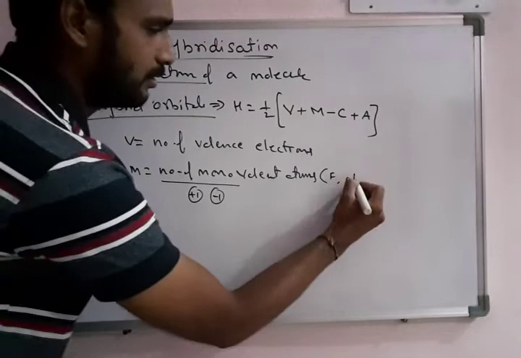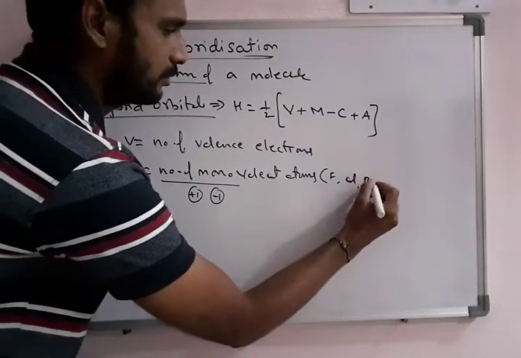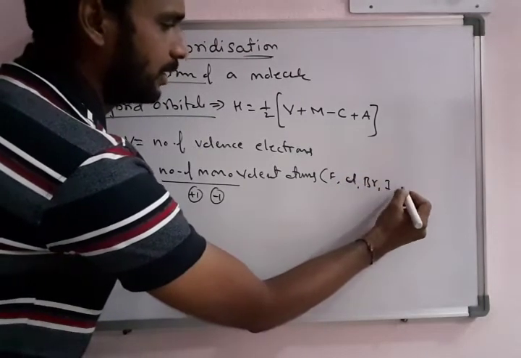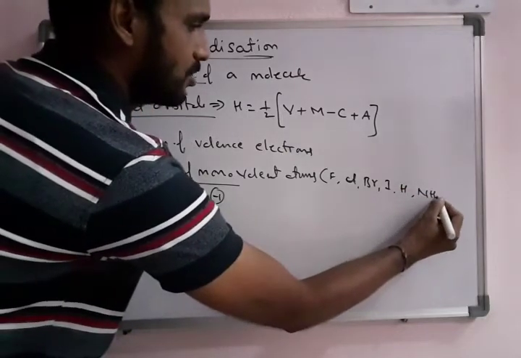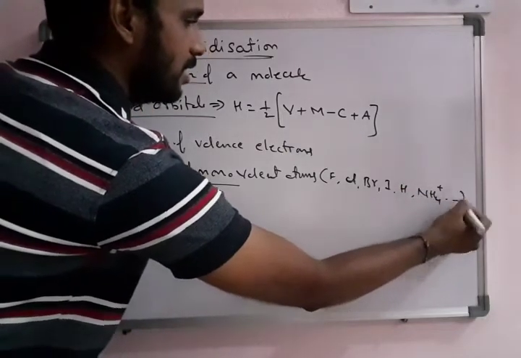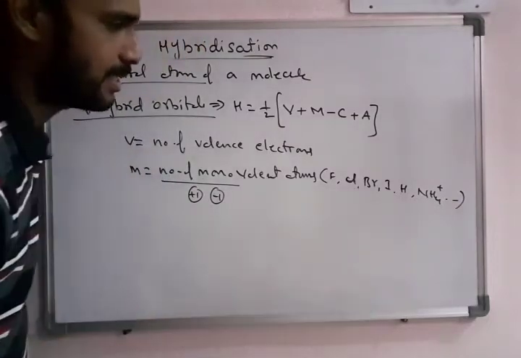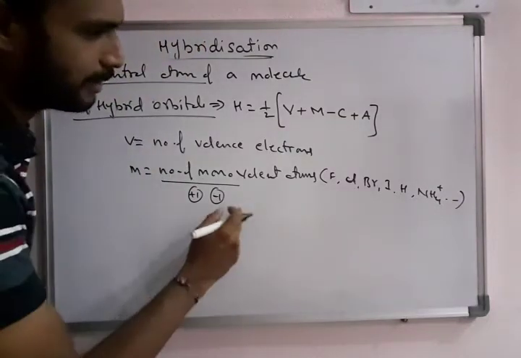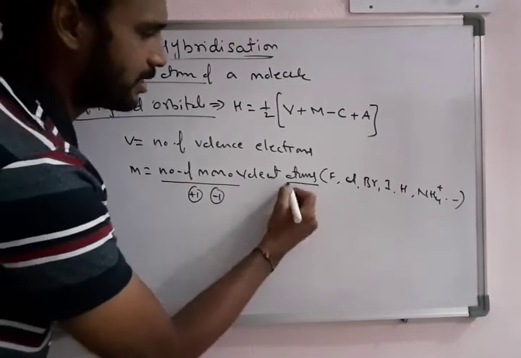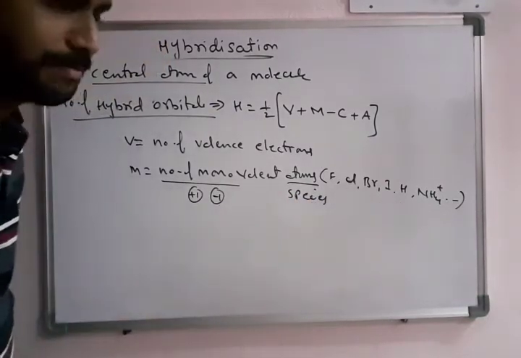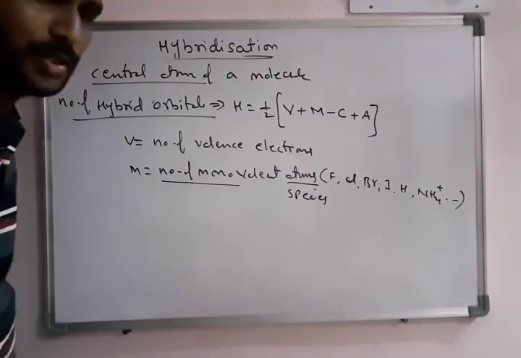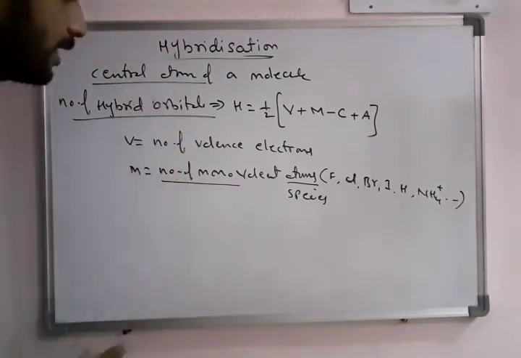Fluorine, chlorine, bromine, iodine, even hydrogen, or even the presence of NH4 plus. These are generally monovalent species present in the molecule which are bonded to that central atom.